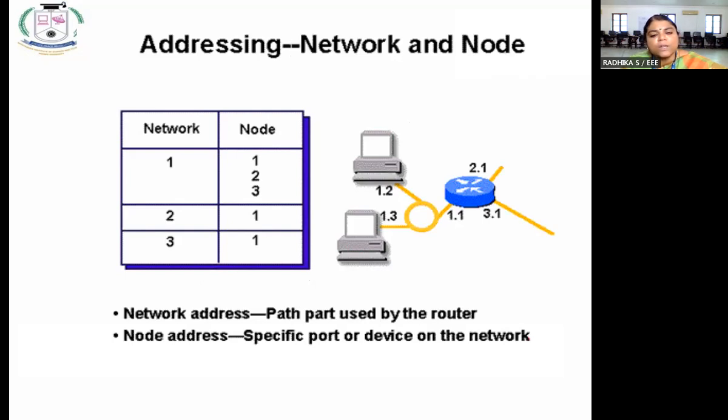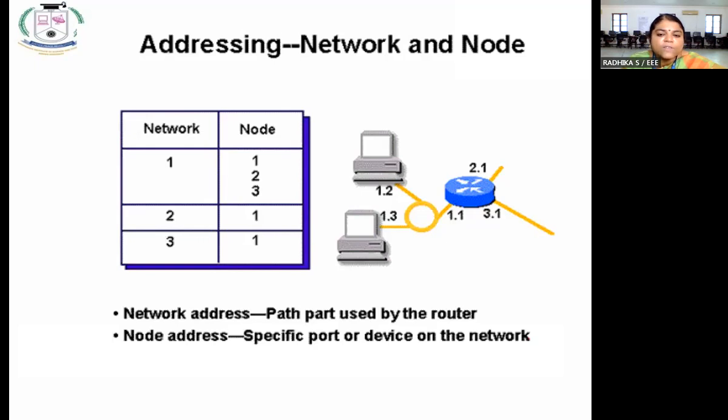It will contain the network address, which indicates the path used by the router, and it will also specify the node address, which is the device address on the network. If I'm going to connect 3 networks using a router, each network will have devices, and each device will have a specific address.